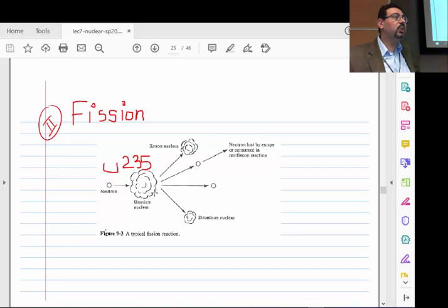So I guess what I'm trying to say is that this guy leaving the reaction is not ready to hit the next atom. Why? Not because he's slow, it's because he's fast. And so we need to slow him down first before he comes and hits the next atom.